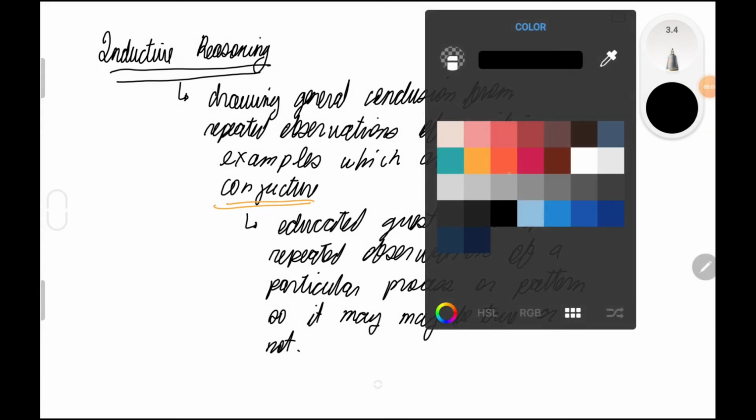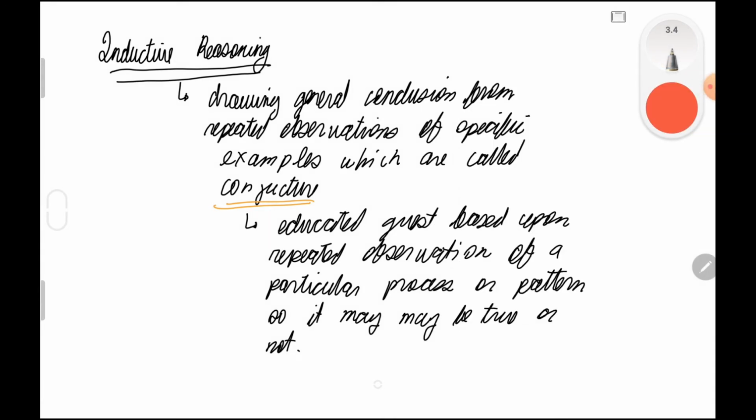So in this inductive reasoning, your conclusion is based on repeated events, wherein that events at a specified time, or let's say specified season, or at a specified pattern will occur. Kaya nagkakaroon ka ng conclusion based from that event. Okay?